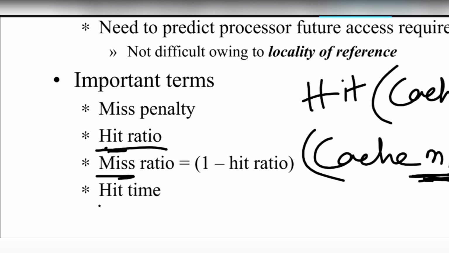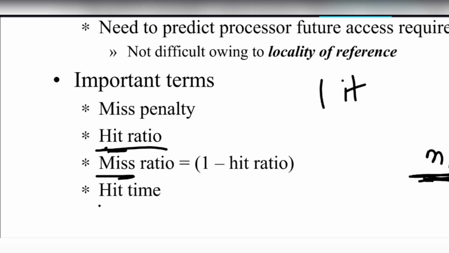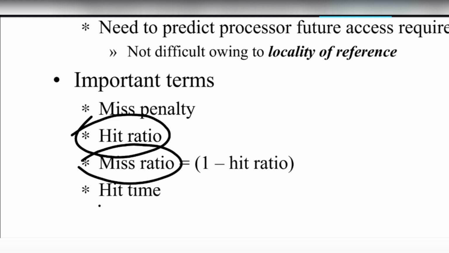Now, the hit ratio. Let's say our CPU requested some instructions. Then how many instructions got a hit and how many got a miss? By this we calculate the hit ratio and miss ratio.